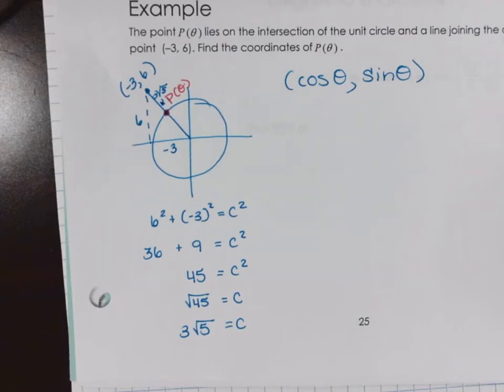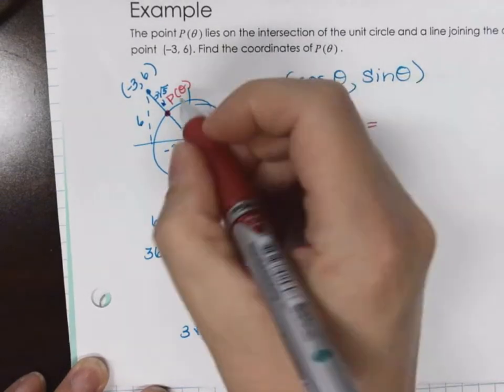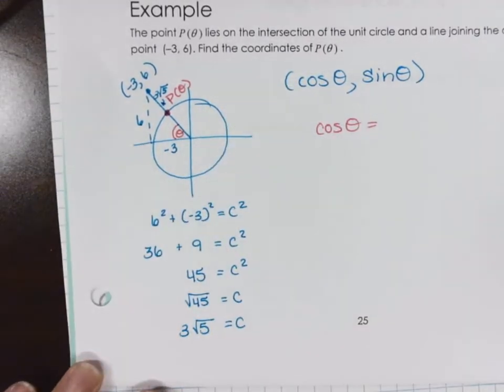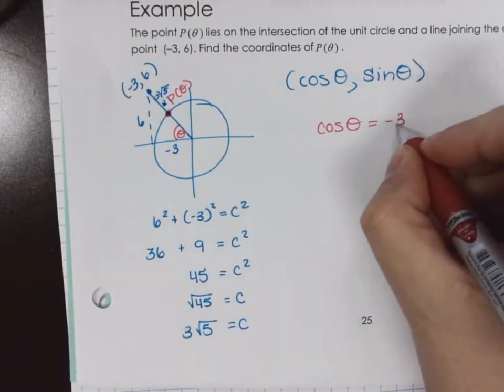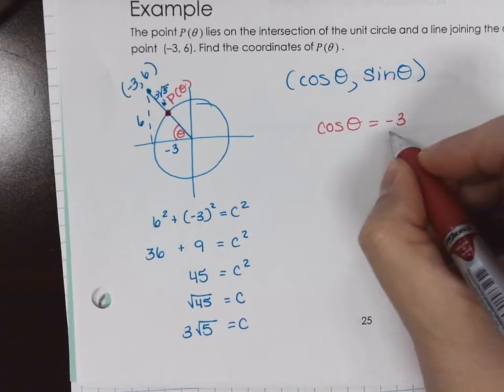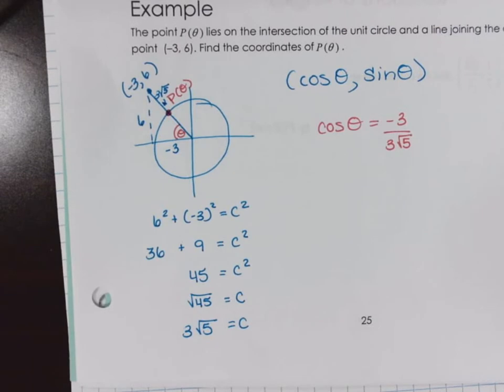Okay, so we're not even going to worry about the little triangle. We're actually going to do sine and cosine of the big triangle. Everybody good? All right, so what is cosine? So remember that my angle will be down here. So cosine is going to be -3 over the hypotenuse measurement.